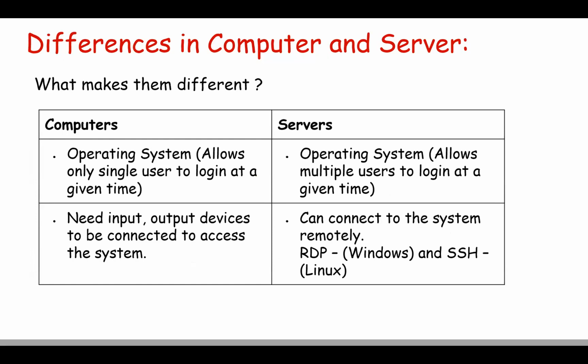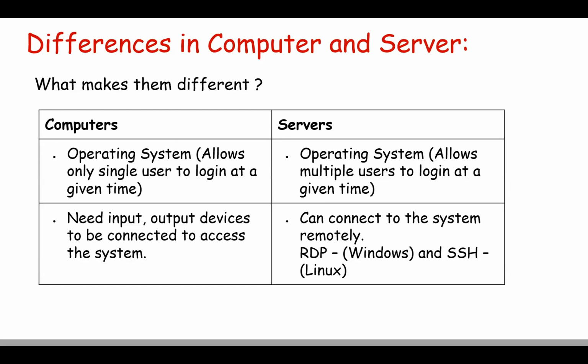In the current world, there are two most popularly known OSs, Windows and Linux. Windows is managed by Microsoft and Linux by Red Hat. So these are the two popular OS flavors available in the market. Operating systems help in installing and running applications. So that is the main use of the operating system also.